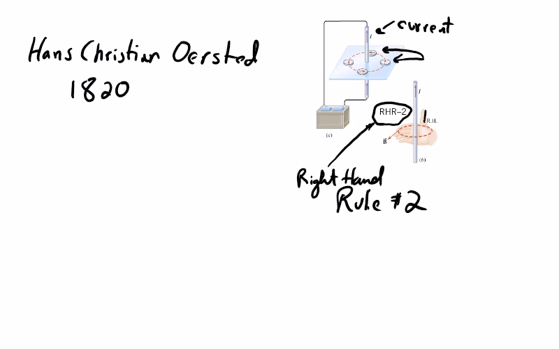So notice that the thumb is pointed straight up, which is the same direction as our current here. Our current through this wire is pointed straight upward. So this is our current. This is the direction of our thumb, and the magnetic field here is actually going to point in the direction of our fingers that are curled around. So the magnetic field is actually going around this wire in a circle.